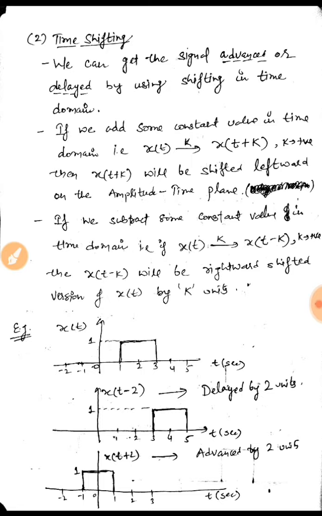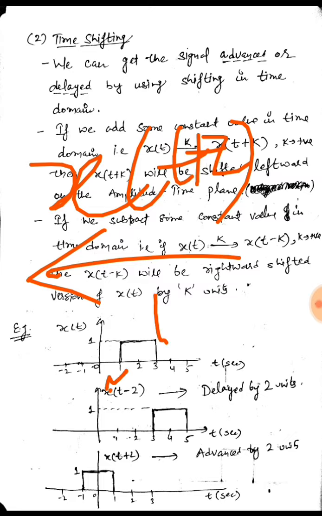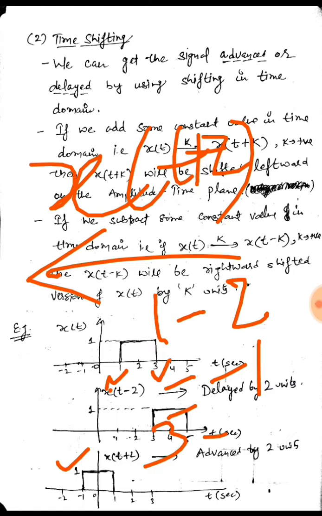If I need to draw x of t plus 2, then the signal will shift to the left side. So the value which I was getting at 1 will now be available at 1 minus 2, that is minus 1, and the value which I was getting at 3 will be available at 3 minus 2, that is t equal to 1.